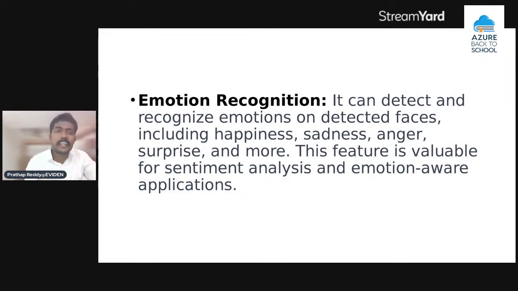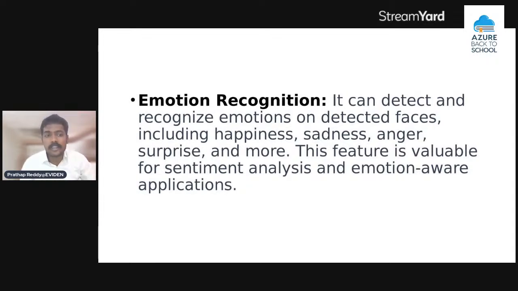It can detect and recognize emotions on detected faces, including happiness, sadness, anger, surprise, and more. This feature is valuable for sentiment analysis and emotion-aware applications. Sentiment analysis is very important, whether the person has negative, positive, or neutral emotions.